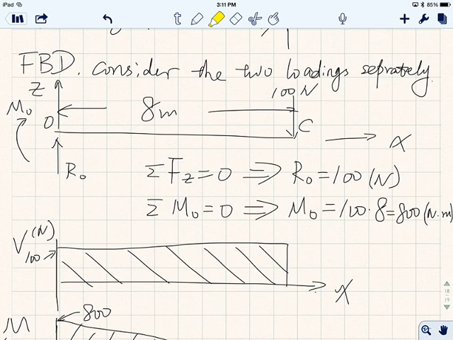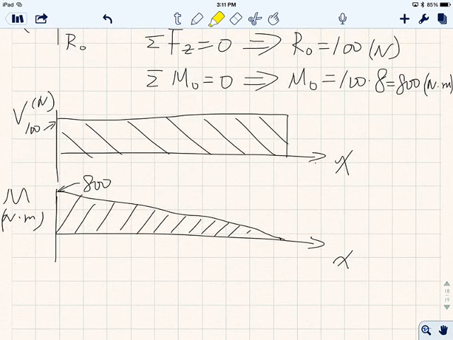Okay, and then we find Mo is equal to 800, and we find Fz is 100 newtons. So we have a shear diagram, and then we have a bending moment diagram like this. So we know the maximum bending moment is 800 Newton meters, at the corner where it's fixed, which is 0,0. Okay? Any questions so far?